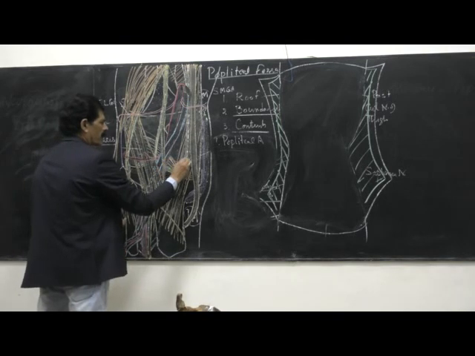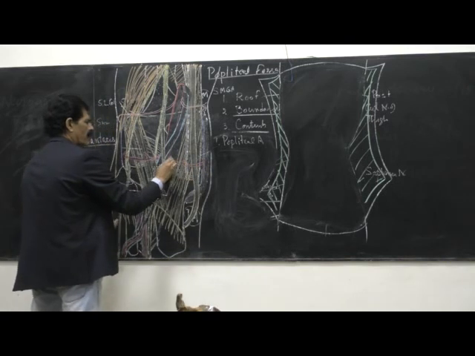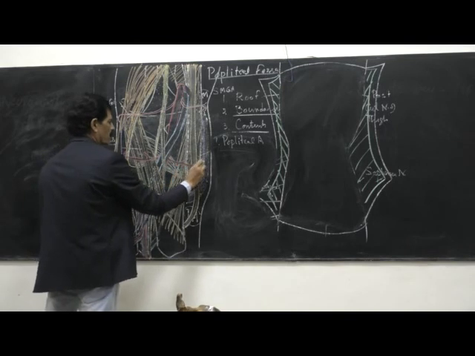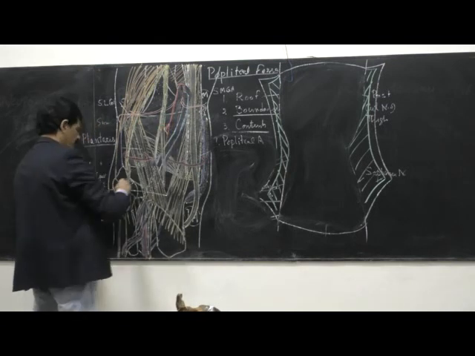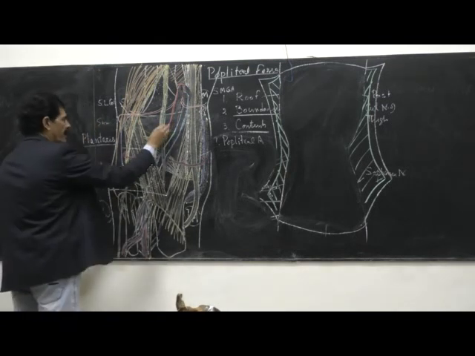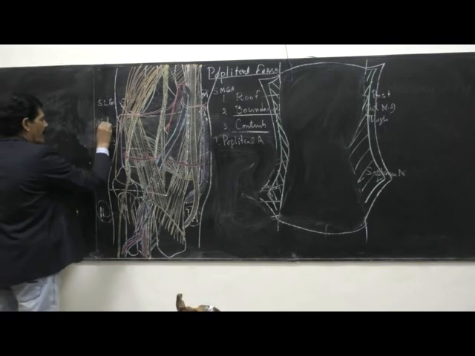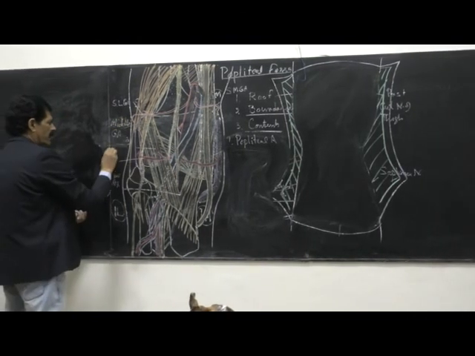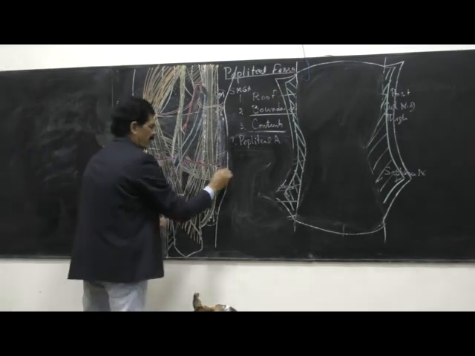Similarly, an artery on the medial aspect skirts around the lower part of the medial condyle of the femur, and it goes anteriorly for anastomosis. And this branch which goes in the middle of the popliteal fossa is called the middle genicular artery. So this one is called the inferior lateral genicular artery, and this is called the inferior medial genicular artery.